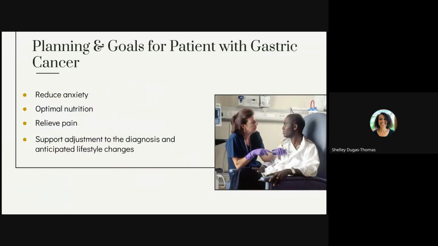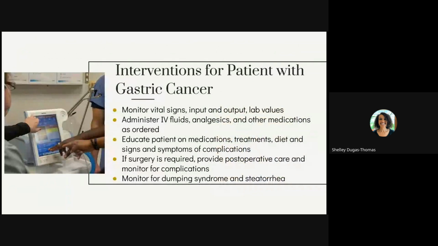So, the planning and goals for the patient with this cancer are to reduce anxiety, maintain optimal nutrition, relieve pain, and support adjustment to the diagnosis. Comprehensive monitoring for both disease progression and treatment complications, symptom management through medications, and thorough patient education to promote self care and early complication recognition are needed.